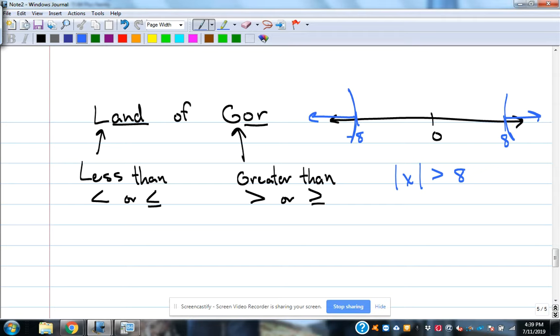Your answers are OR. Either you're greater than -8 or you're greater than 8. So you're going away from each other. So OR problems, the reason a greater than symbol is an OR problem is because your distances are getting bigger. And problems, the distances are getting smaller, so they're going to collide right there. They're going to mix together there. So that's why that's happening.